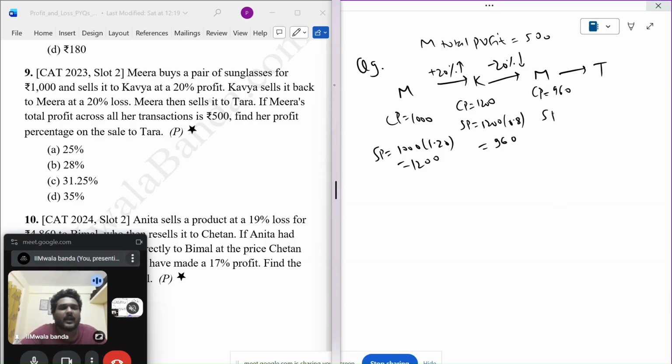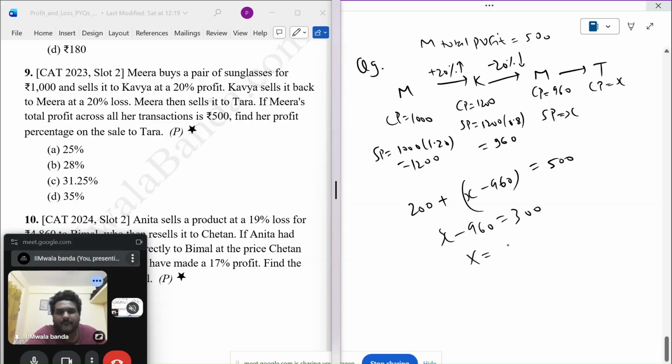And the selling price will be, let's say, X. So here she earned 200 rupees. Here she earned X minus 960 rupees, which is the total money that she earned, right? She earned here, she earned here. So X minus 960 is 300. X is 1260.